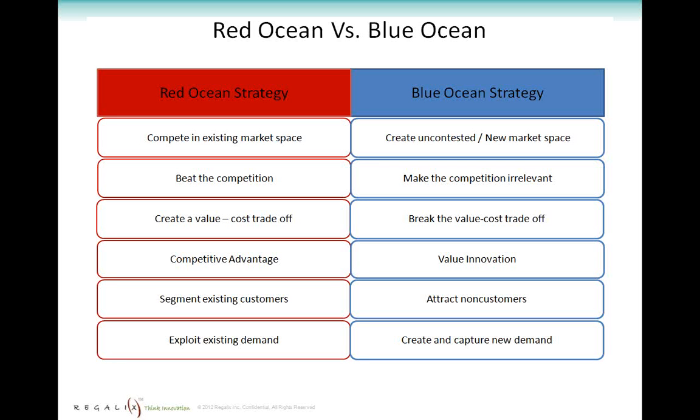It tries to create a value-cost trade-off, tries to create competitive advantage by segmenting existing customers and exploiting existing demand. Whereas in the case of blue ocean, it's about creating an uncontested marketplace, making the competition irrelevant, breaking the value-cost trade-off. It's about value innovation by attracting non-customers and creating and capturing new demand.